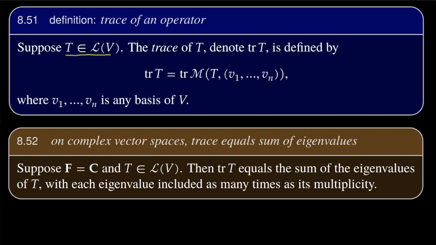If T is a linear operator in a finite dimensional vector space V, the trace of T, which we'll denote by tr T, is defined as the trace of the matrix of T with respect to any basis of V. Since, after all, the trace of the matrix of T with respect to one basis is the same as the trace of the matrix of T with respect to any other basis. We just proved that.